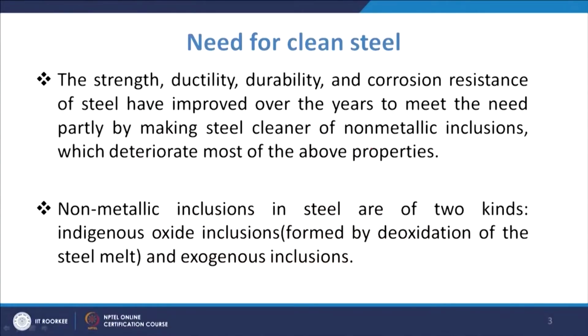All these properties like strength, ductility, durability, corrosion resistance, we are working to improve over the years, and that is possible if you make the steel cleaner of the non-metallic inclusions, which most likely deteriorate these properties.